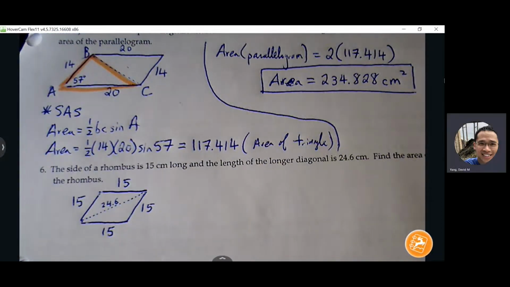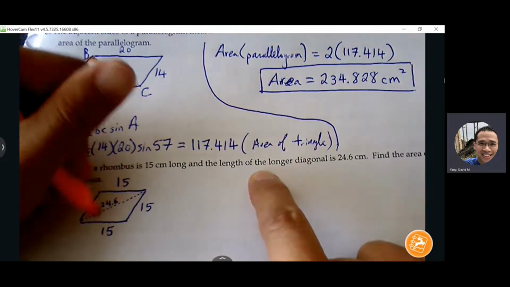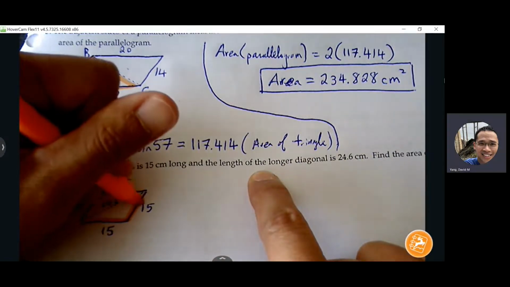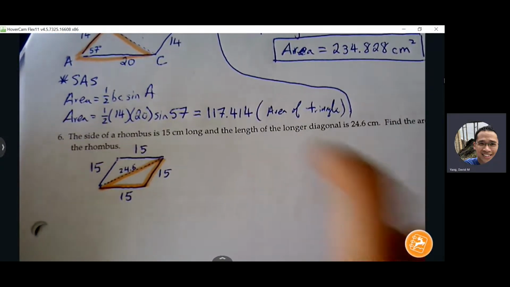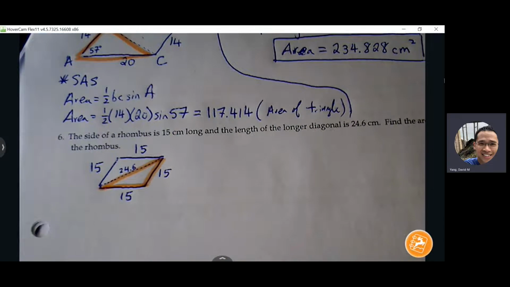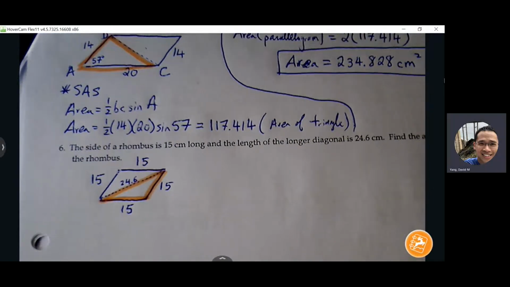Find the area of a rhombus, but we're going to focus on a triangle first. If I can find the area of this triangle, I can do what with that area to get the area of the rhombus? Double it, right?